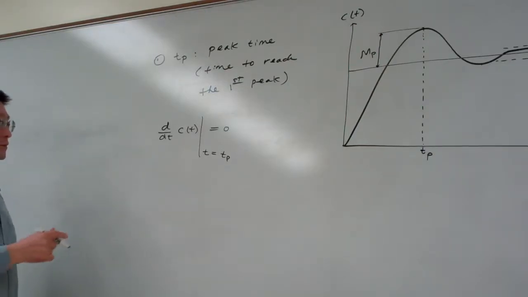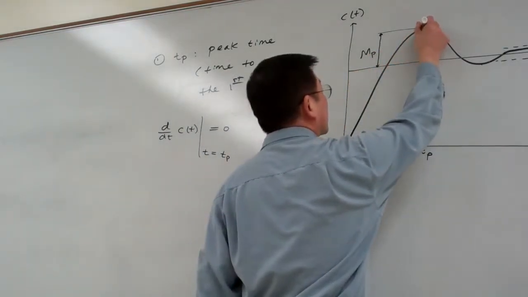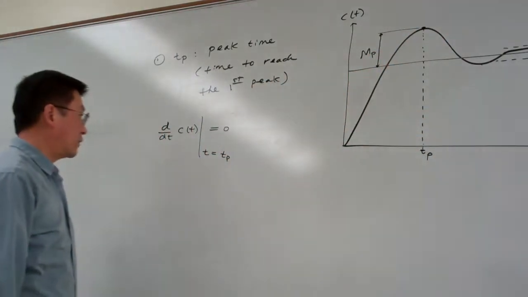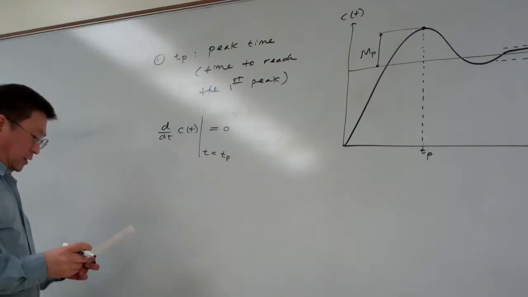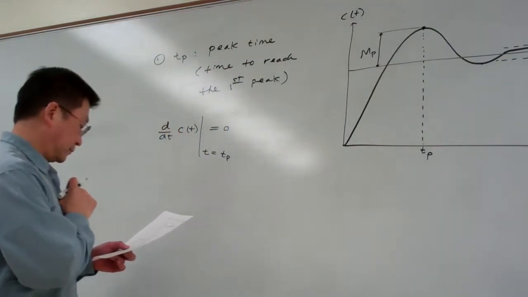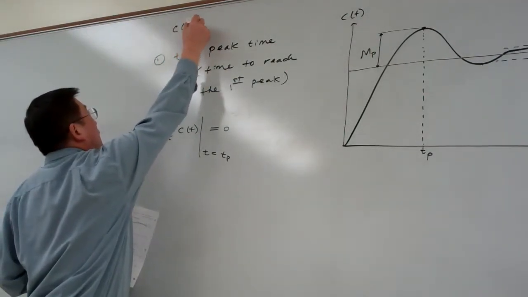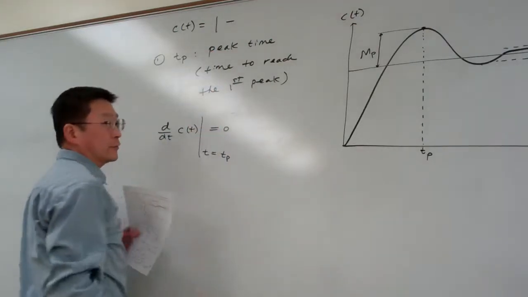Okay. Basically, here this is the response. When the maximum occurs, that corresponds to TP. So from here we can do the calculations. So if you remember, here we have our C equal to this value.